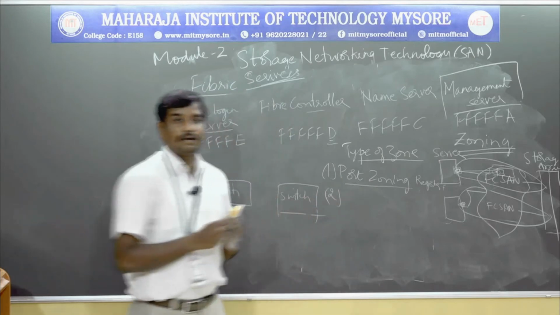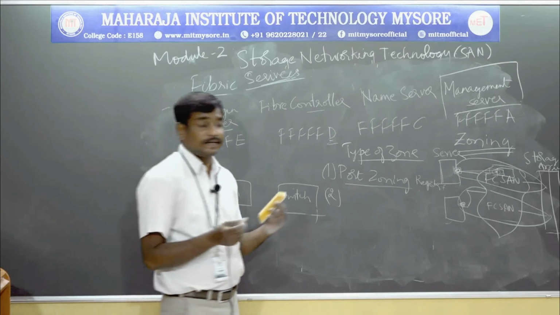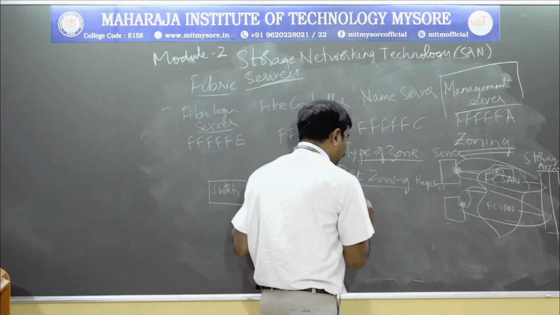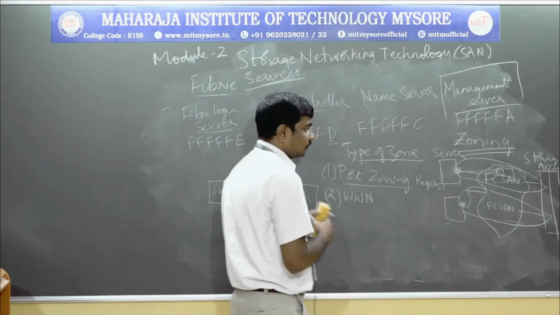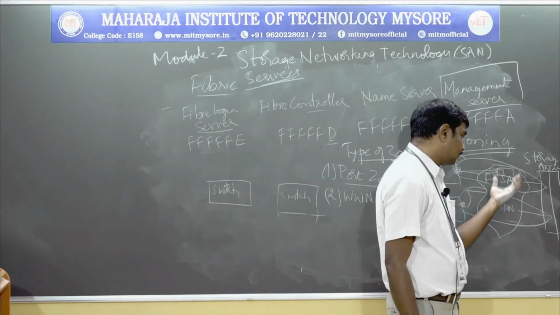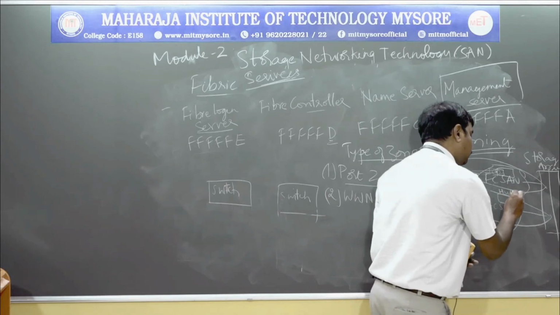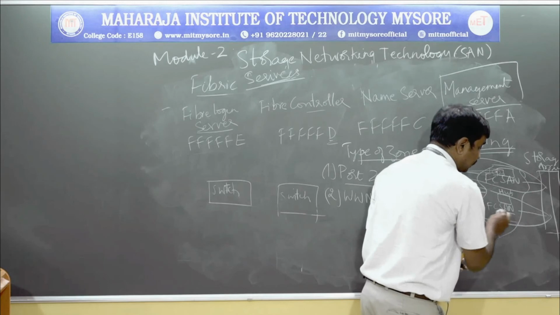The second type of zone is worldwide name. We know that worldwide name is one more address we use while the infrastructures are connecting to the storage area network at the network level.